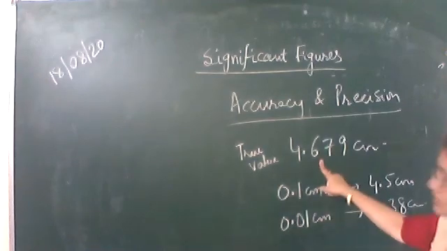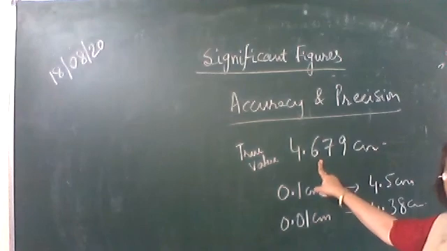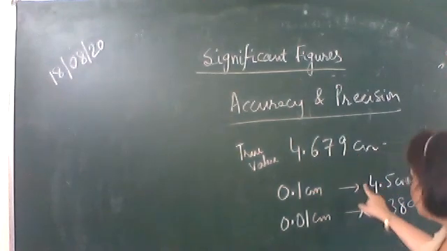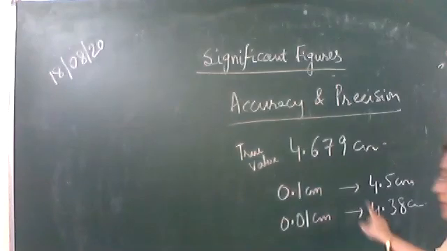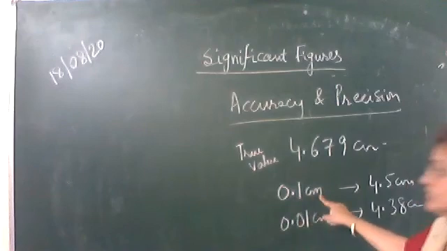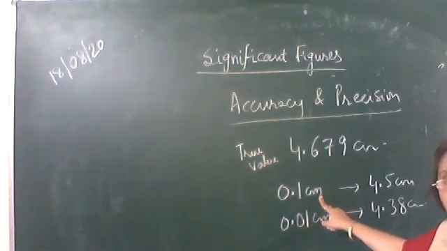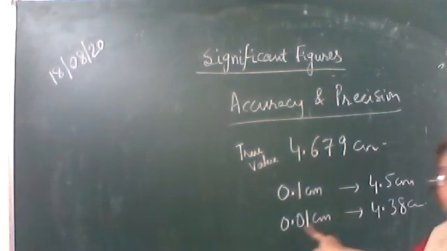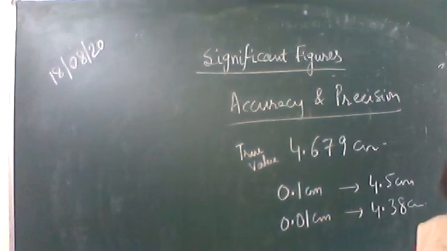So this is the true value of any length, and these two are the measured values. The first one is measured with an instrument having a least count of 0.1 centimeter, and the second with a least count of 0.01 centimeter.